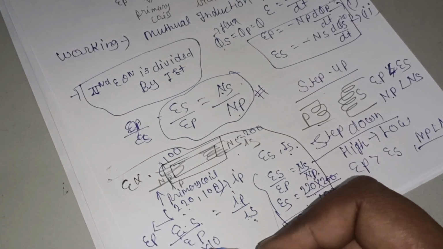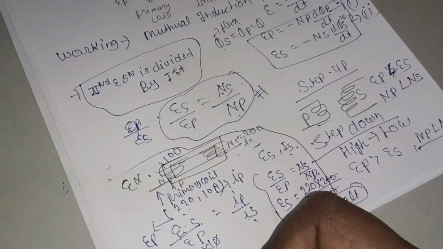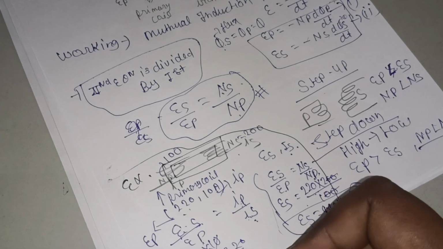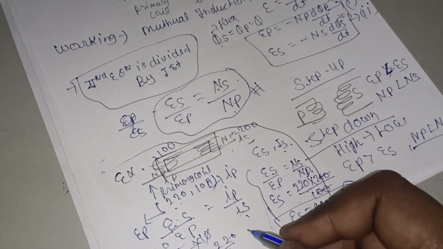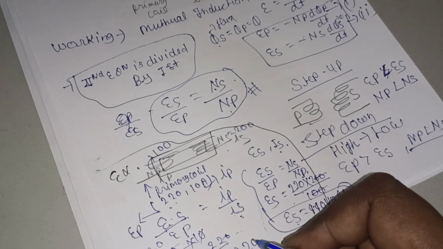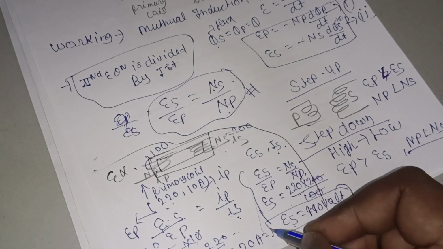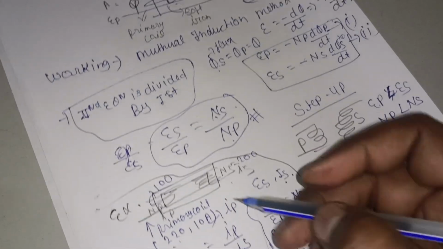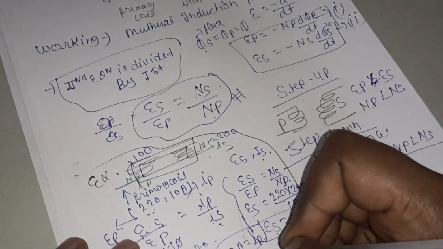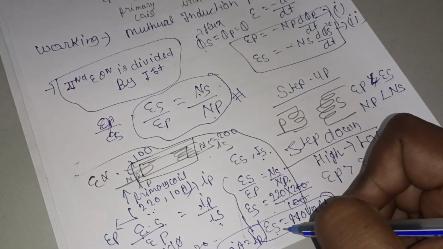So this cancels, and now 220 upon 11, so it is 20 ampere. So simple: अगर यहाँ पे कॉइल्स हैं तो यहाँ पे दुगनी कॉइल्स होती हैं, इस वजह से सब कुछ दोगुना आया है, like IP भी दोगुना आया है और ES भी दोगुना आया है.